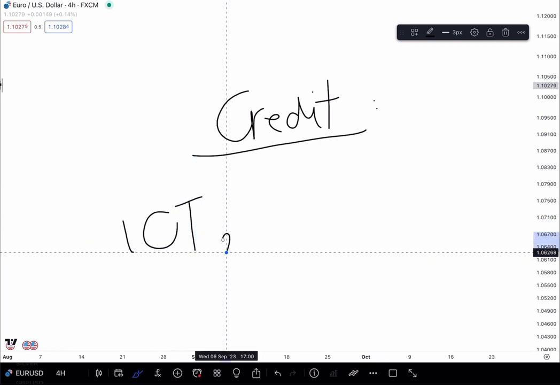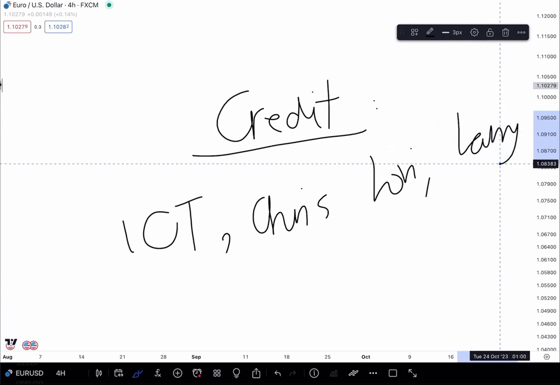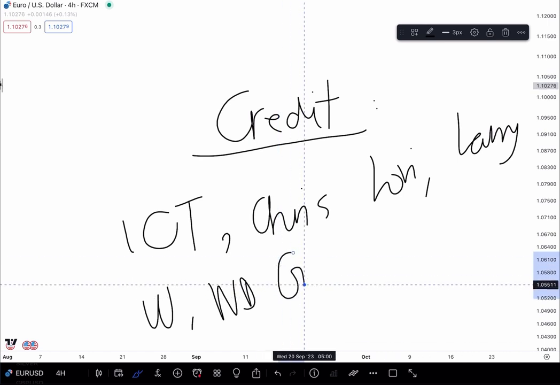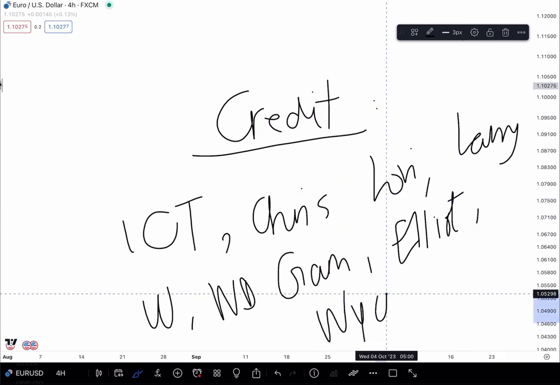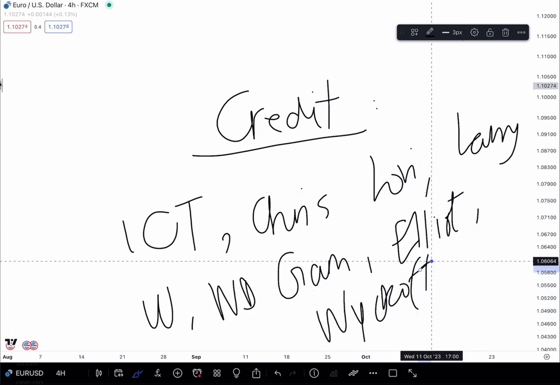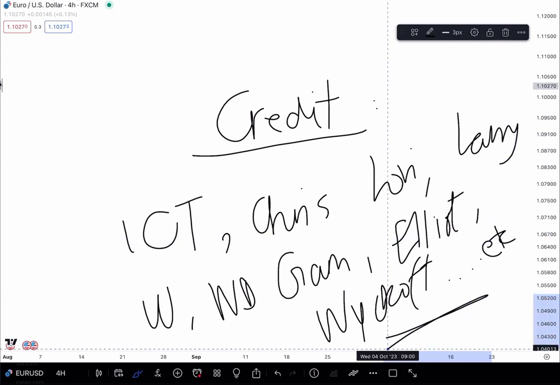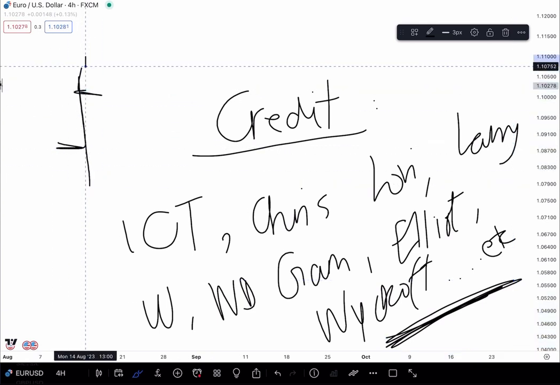ICT, Chris Lori, Larry Williams, WD Gann, Elliott, Richard Wyckoff, and whoever else contributed to the accumulation of knowledge of price which we have today.